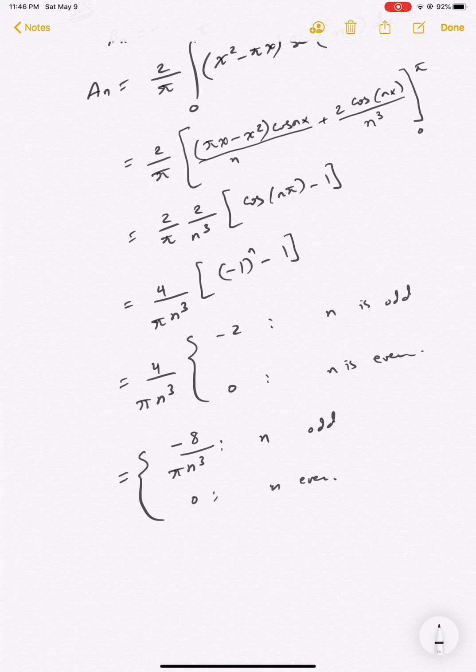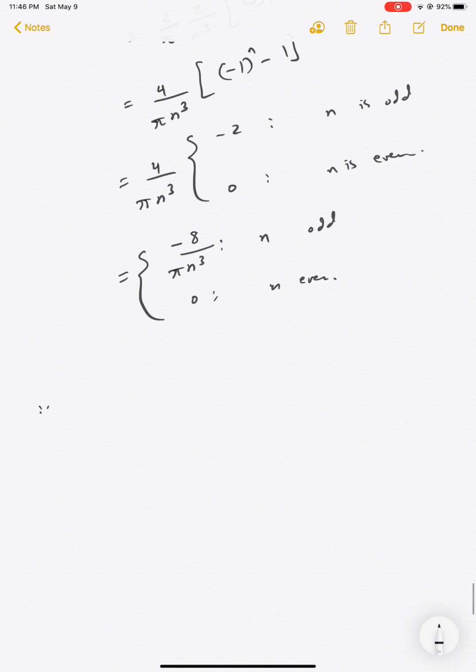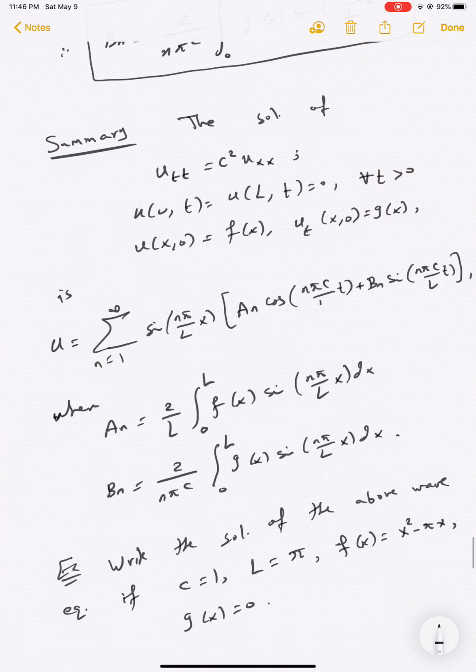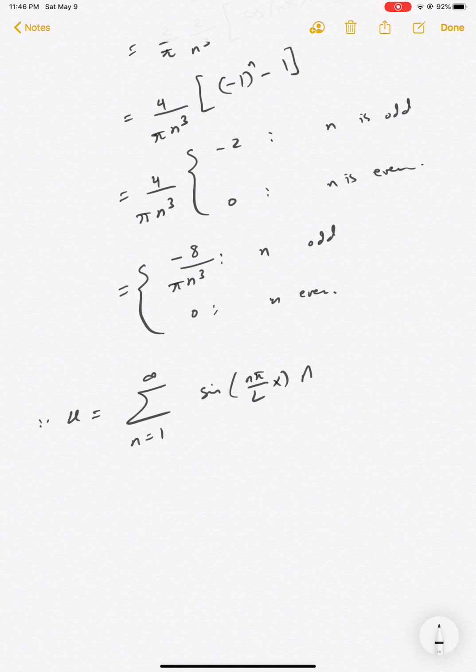Now once you reach this, we are done. So basically now we go back to the solution. Remember, the solution is the sum from 1 to infinity of sine n pi over L x. I'm copying this solution here. We agreed that the bn is 0, so you will just have the an times cosine n pi c over L t.